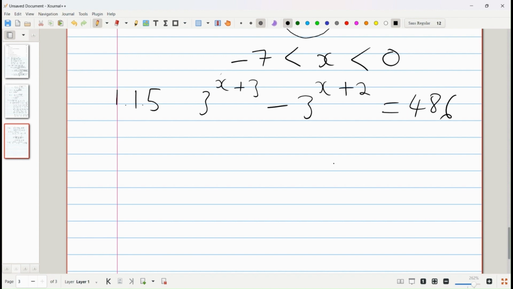So the first step here is to recognize that we are working with exponents.